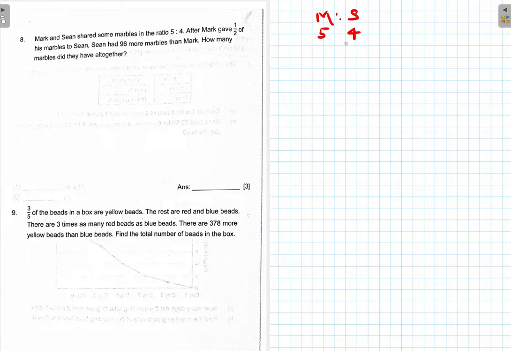So to make my life easier, I times both of them by 2. Times 2. This makes my life easier. So now they become 10 and 8. Okay? So it's easier for me, right? So if I give away 5, I still have 5 left. So I can easily draw my model in this case.